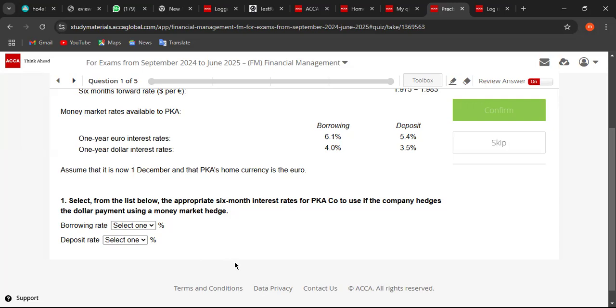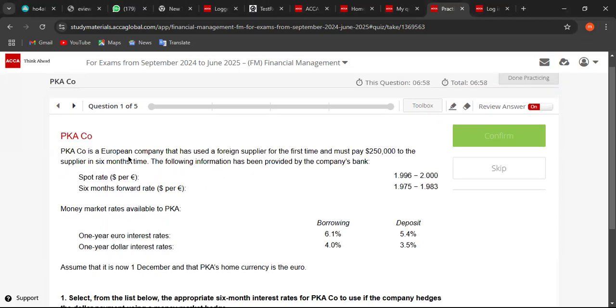This is a money market payment. So I said to you, what was the first step? You are going to borrow. So in this question, what is the home currency and what is the foreign currency, guys? PK is a European company.